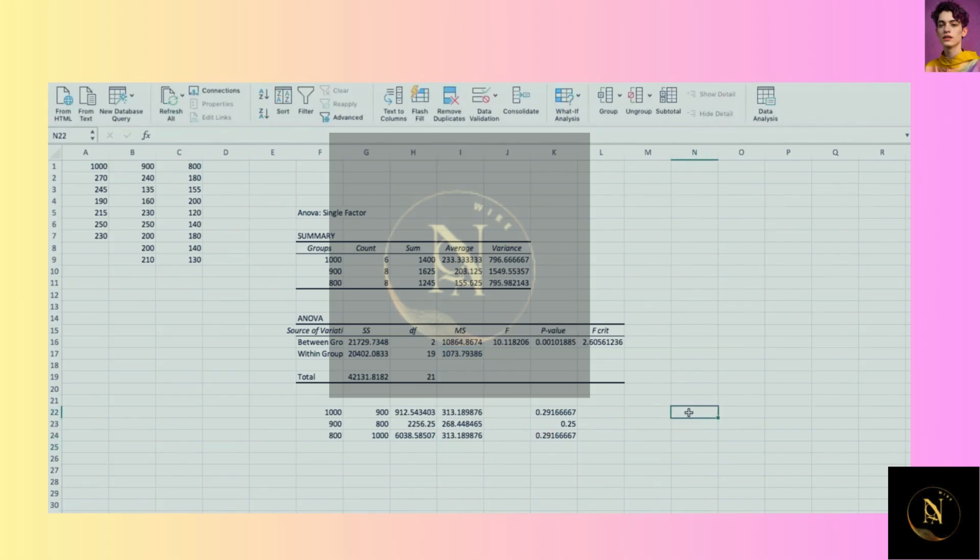Okay, finally, to calculate our test statistic, we are going to take our numerator over our denominator, and I can pull these values down.